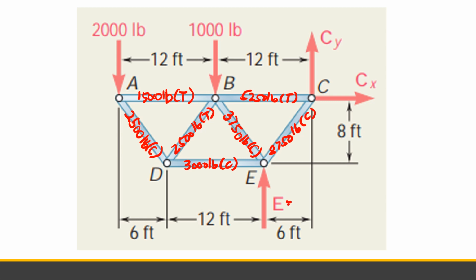So the reactions are 10,000 pounds at E, and CY is downward, 7,000 pounds, and CX equals 0. So we have now solved all the bar forces of the truss. So that's how you solve or analyze a truss using the joint method.